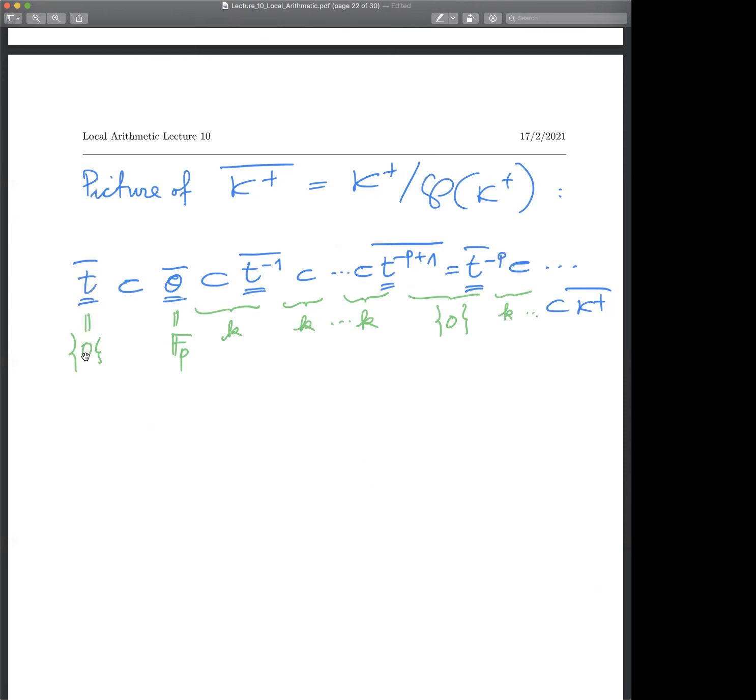The image of the ideal T is 0. The image of O can be identified with FP. And these successive quotients are actually just K and so on. So this gives you a complete picture. Here this goes on till you reach minus P plus 1, and then that is equal to T to the minus P.